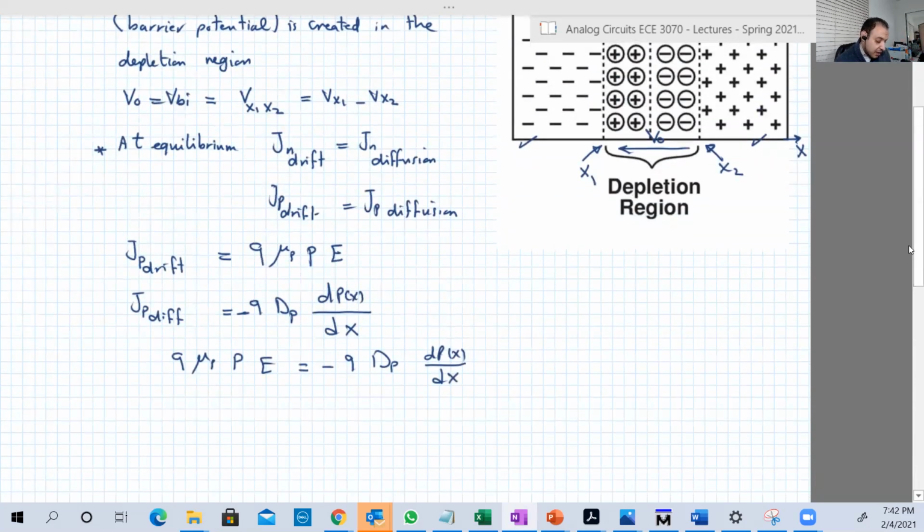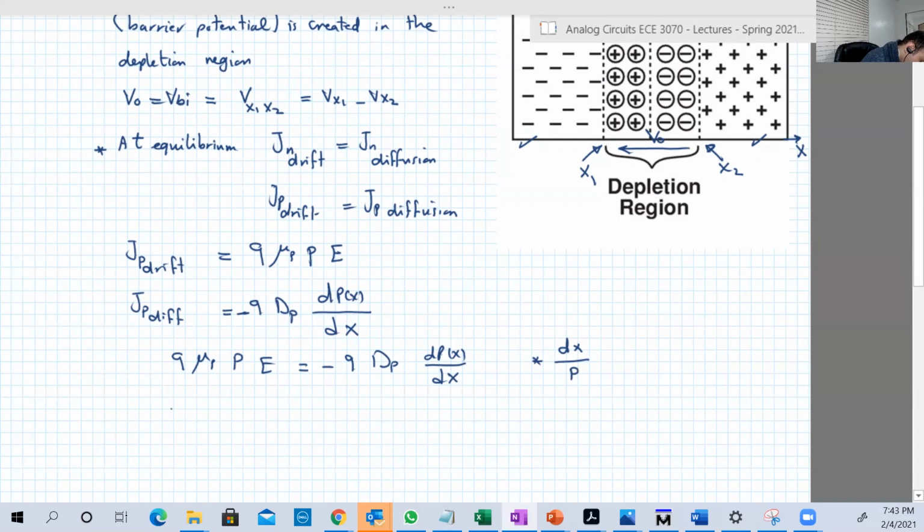We're going to multiply by dx on both sides, and at the same time divide by b. So we multiply both sides by dx and divide by dB on both sides.